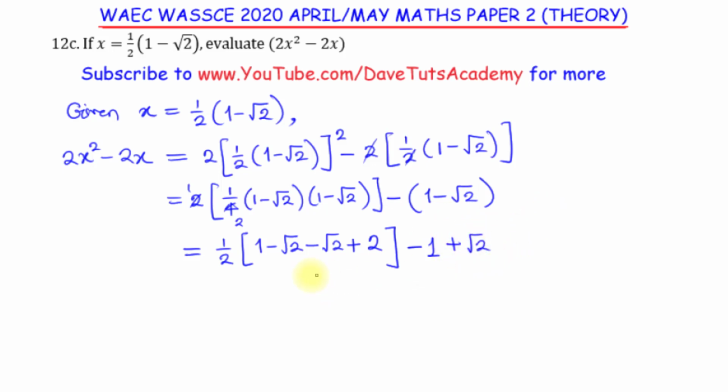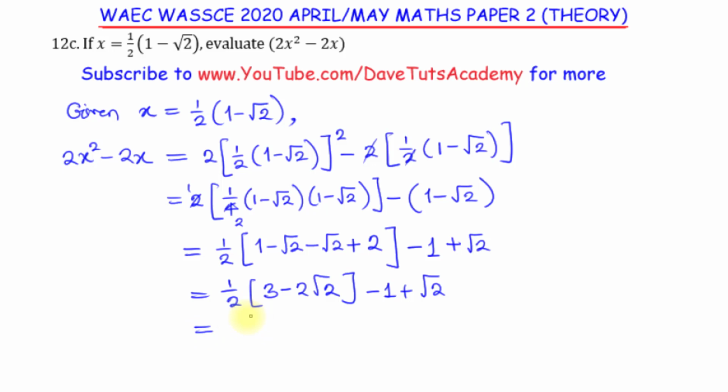So here we can see that what we have is 1 over 2 multiplied by 1 plus 2, which here is 3. Then minus root 2 minus root 2 will give us minus 2 root 2. Then minus 1 plus root 2. I think our work is getting done now.